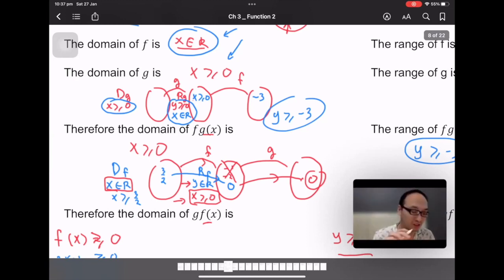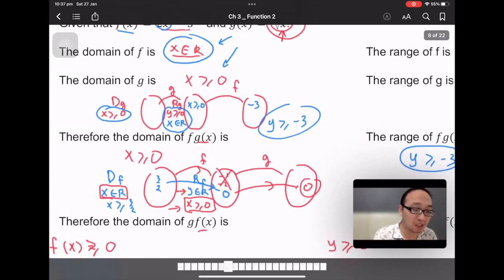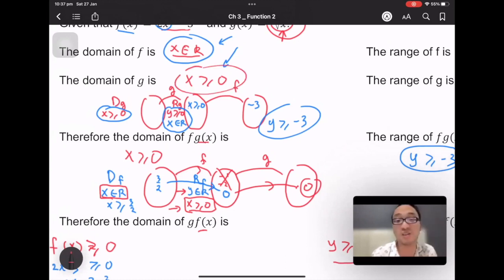Because at first, you see the blue one? When x is an element of real numbers, all real numbers, the result y will be everything, all real numbers. But the problem is that g only accepts x greater than 0. g accepts positive numbers.